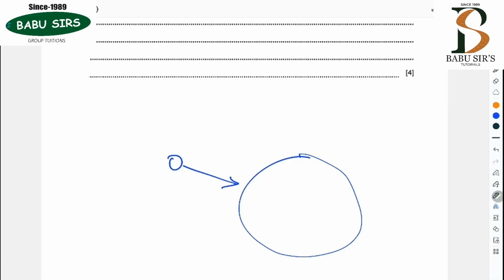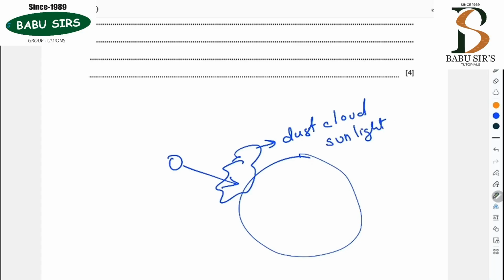Because of this, what might happen? A big dust cloud will be formed. Because of this dust cloud, sunlight will be obstructed. If sunlight is obstructed, it will affect photosynthesis.